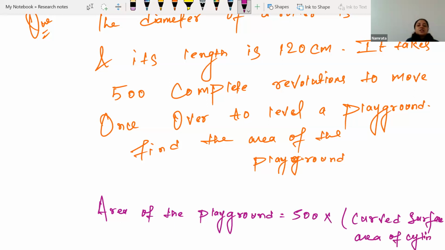Why the curved surface area of the cylinder? Because once you are moving a roller, one complete revolution, that means one time curved surface area. How many times you have to roll it completely? 500 times, and then you are done with covering the area of the playground. So how will we find the area of the playground? 500 into the curved surface area of the cylinder.